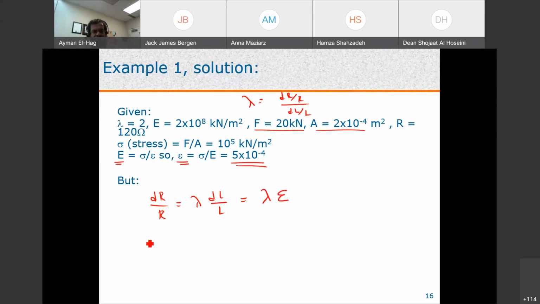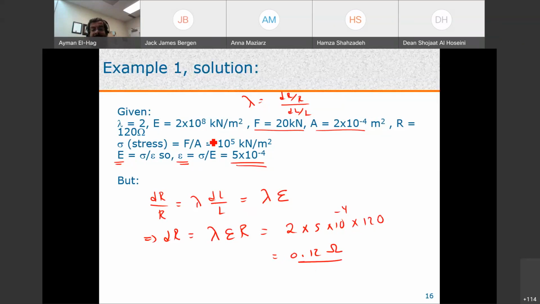So the change in the resistance, dR, is equal to lambda times epsilon times R. Now we have all the values. This is equal to 2 times 5 times 10 to the minus 4 times 120, and this gives a very, very small value, which is 0.12 ohm.